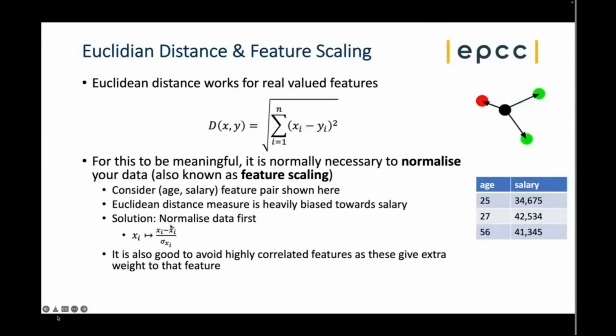So when we are doing these kinds of machine learning algorithms to do classification, it's very common to normalize the data first. In other words, you subtract the mean and divide by the standard deviation, so that all the features are of a similar size and spread.